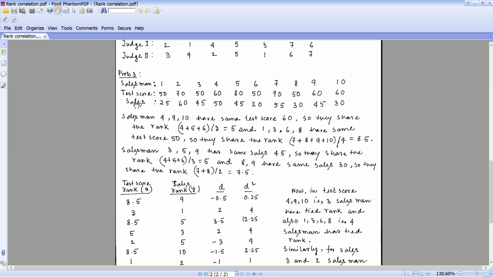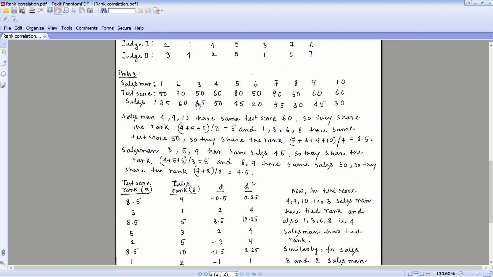Similarly, the same rule applies for the sales. Here also you need to find out first the highest value, that is 60. This is your rank 1. After that 55, this is your rank 2, like this way. Here also you can see salesmen 3, 5, 9 have the same sales 45.